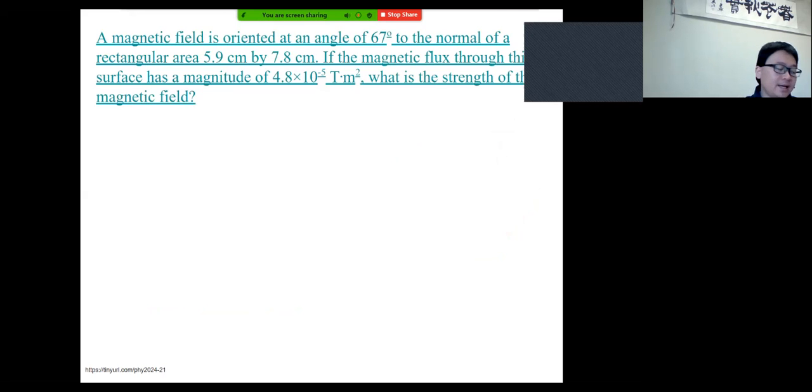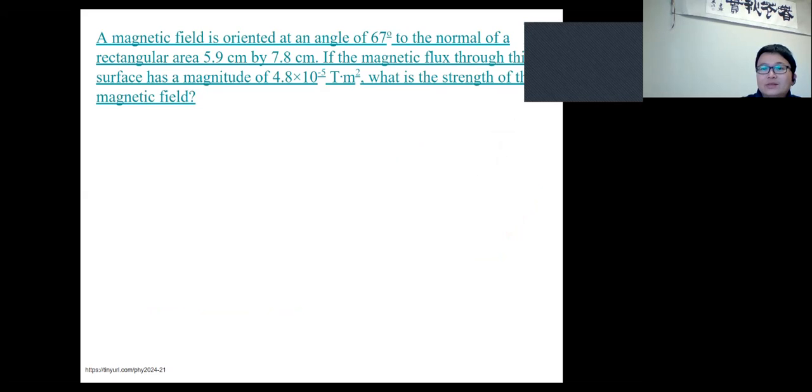So let's take a look at the definition for magnetic flux over here. It says a magnetic field is oriented at an angle of 67 degrees to the normal of a rectangular area, 5.9 centimeters by 7.8 centimeters.